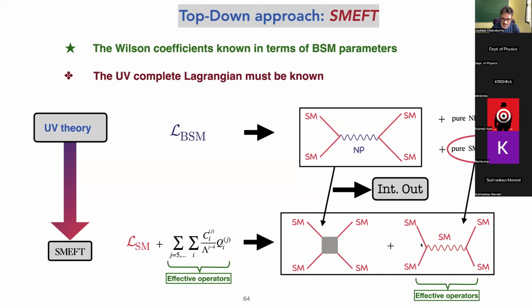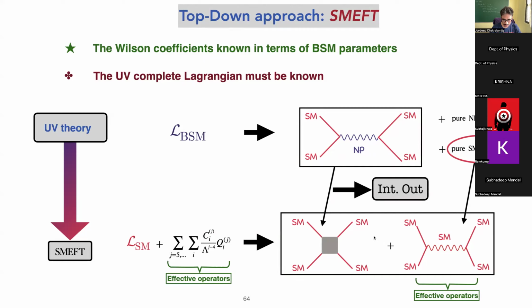This gives you an idea why this is complementary to the bottom-up approach. In the bottom-up approach, we added this quantity along with the renormalizable part, such that we expect that together they can capture any effect of the new physics written in this particular form. But in the top-down approach, the other way around, you start with the new physics diagram, integrate out the new physics part, and effectively write it in this particular form. So this gives you the complementary vibe of these two approaches, right?